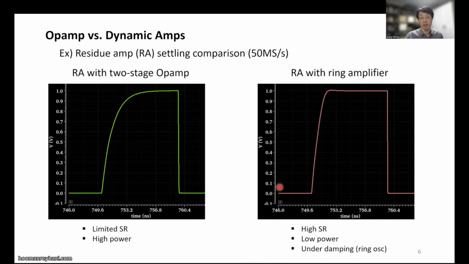As you see here, the ring amplifier has a higher slew rate, different from the op-amp based residue amplifier design. In the course, we will implement the dynamic amplifier based residue amplifier, check AC simulation, and also learn transient simulation, and we will see this kind of behavior.